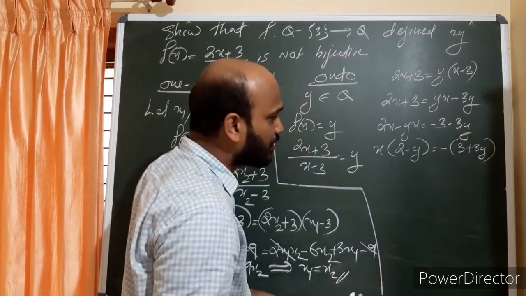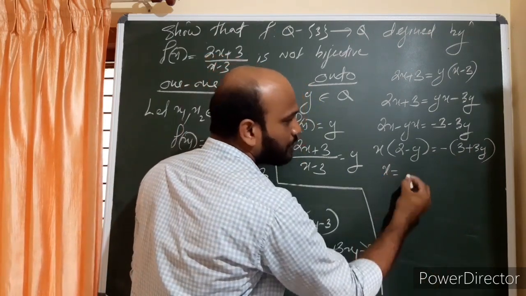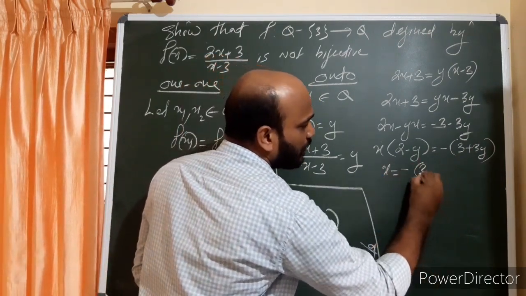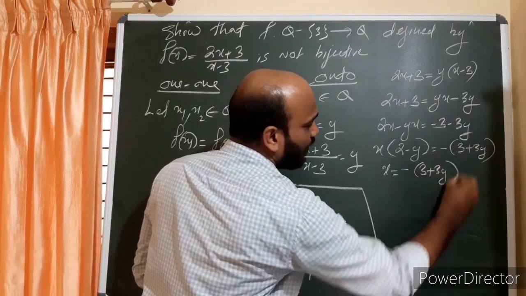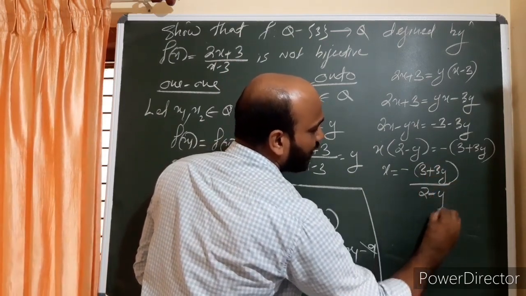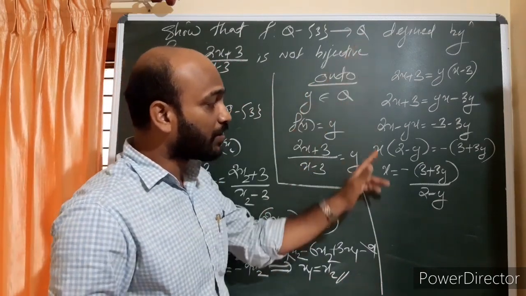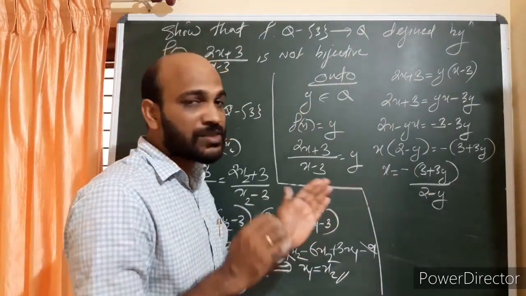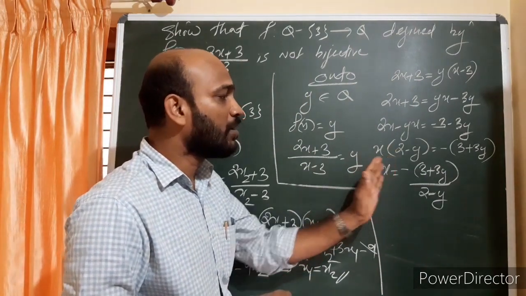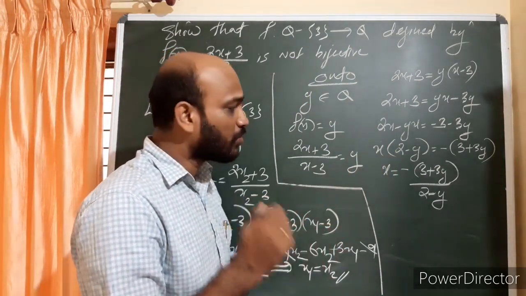We can write like that. So what is the value of x? That is minus of (3 plus 3y) by (2 minus y). For every y belonging to Q, we are able to find one x. Now we have to check whether this x always belongs to the domain or not.